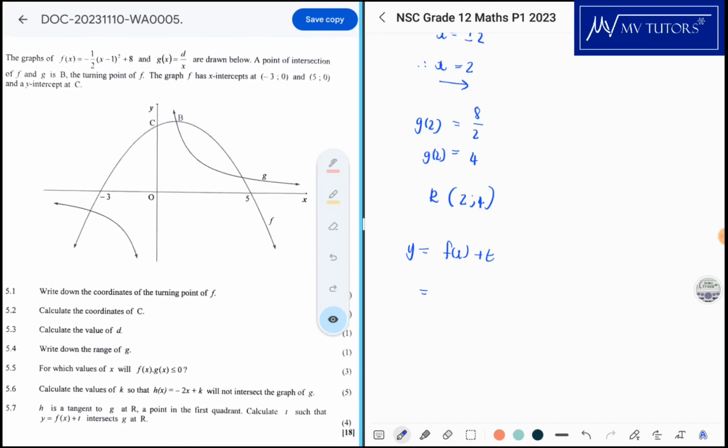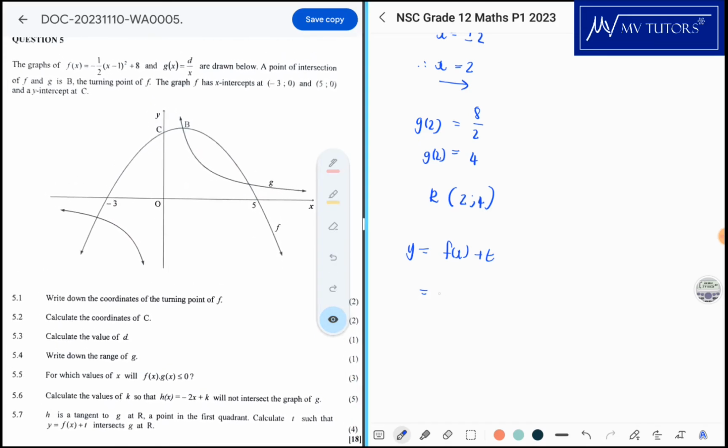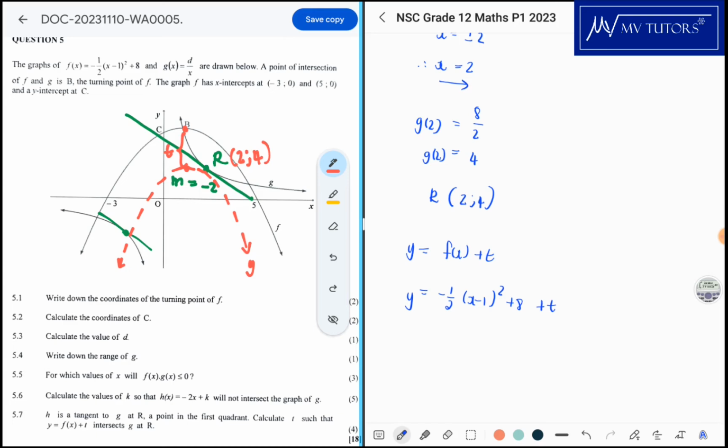it is negative a half, and I have x minus 1 squared plus 8. Then we have the t. Then we have the y. So I'm going to then, because we said our parabola is going to move t units downward until it touches the graph of g at R, I'm going to use R's coordinate, 2 and 4, in the place of y and x.